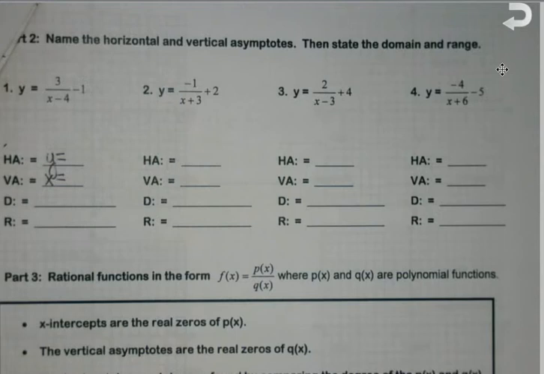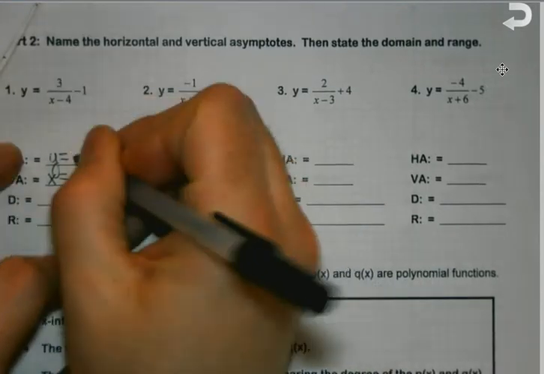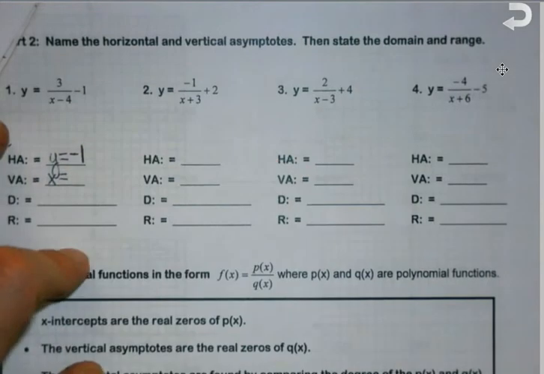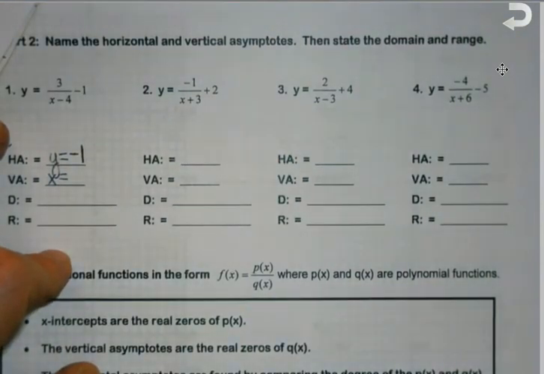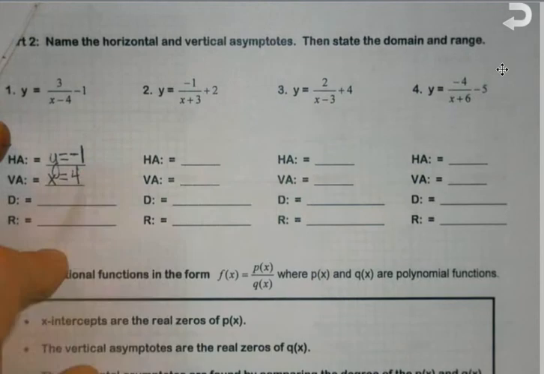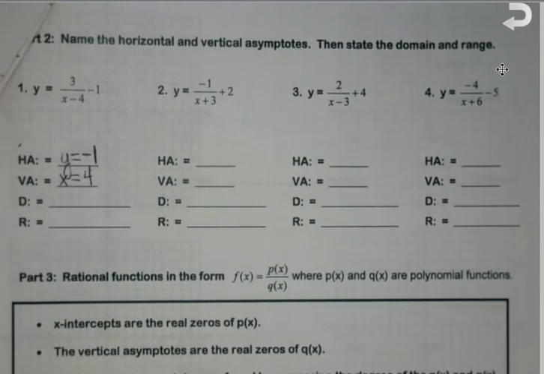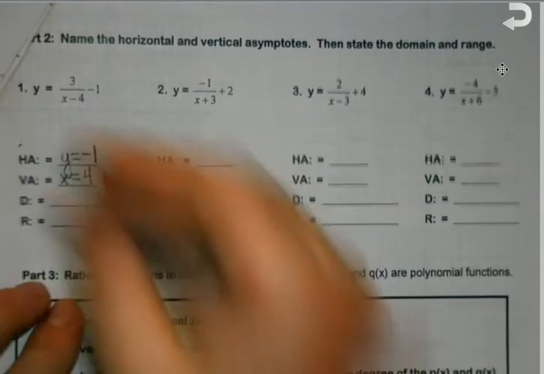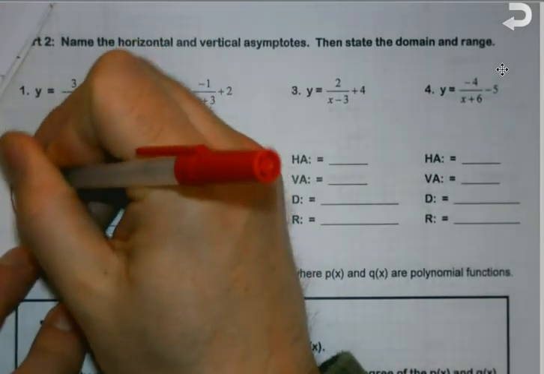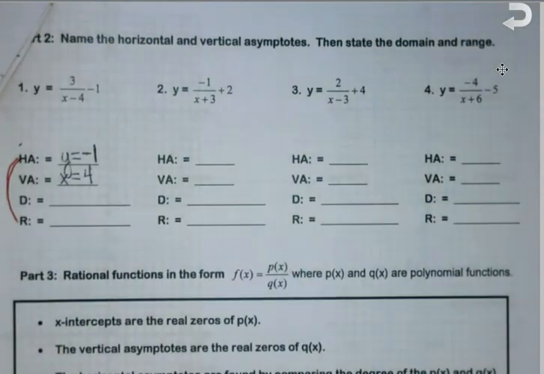What's my horizontal asymptote going to be in number 1? Y equals -1. Vertical? Close. +4. Because again, it's an opposite on that. And here's the other thing where you get to see one more connection. Your horizontal asymptote and your range go hand in hand.